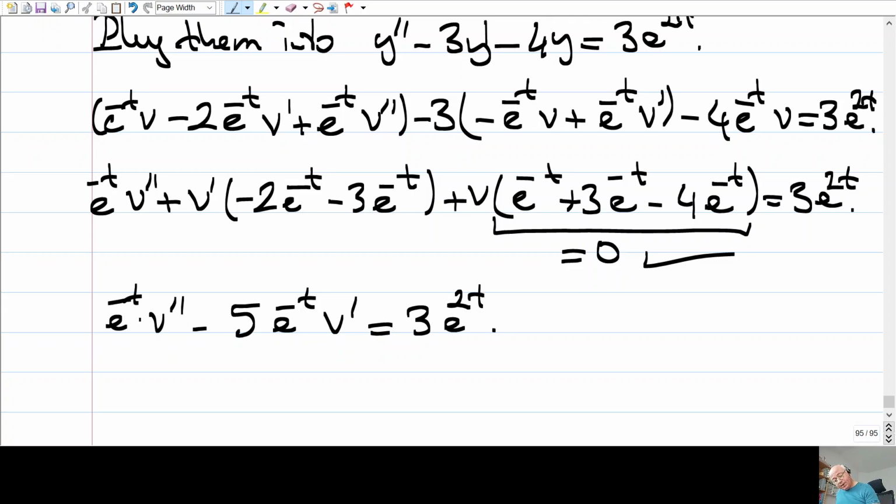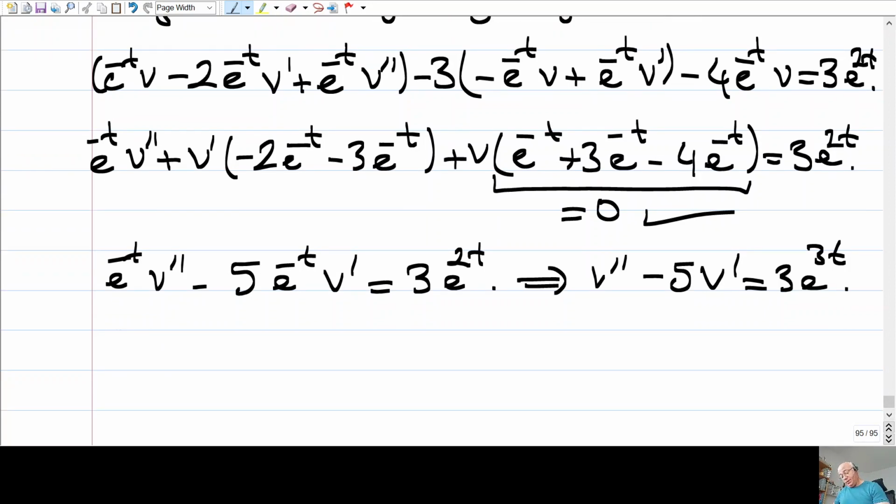Actually, I can just take e to the power minus t to the other side, and we get what? Multiply the equation through by e to the power t, we get this.